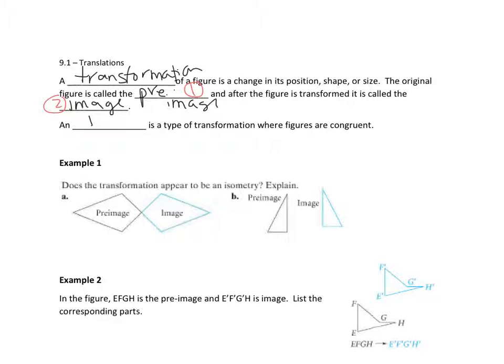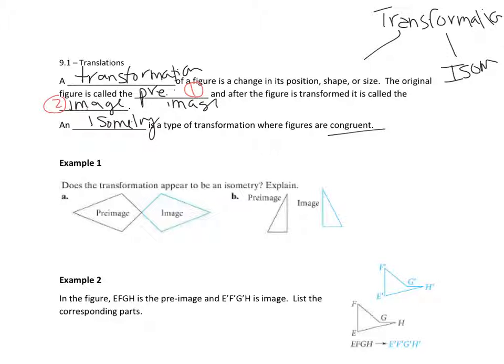An isometry is a type of transformation where figures are congruent. So basically you have this hierarchy: transformation, and then isometries, and then dilations.